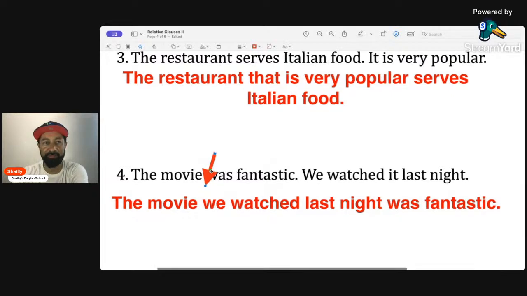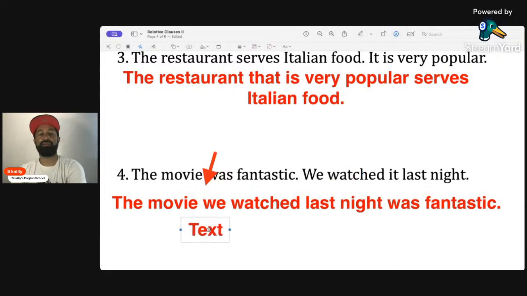If you want to say the movie that we watched last night was fantastic, that is possible. You can do it if you want, but again, it's not necessary.